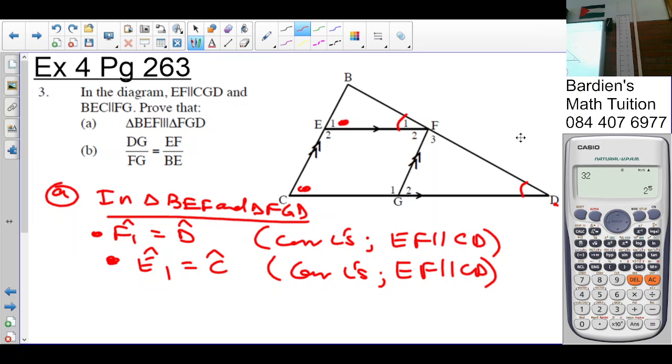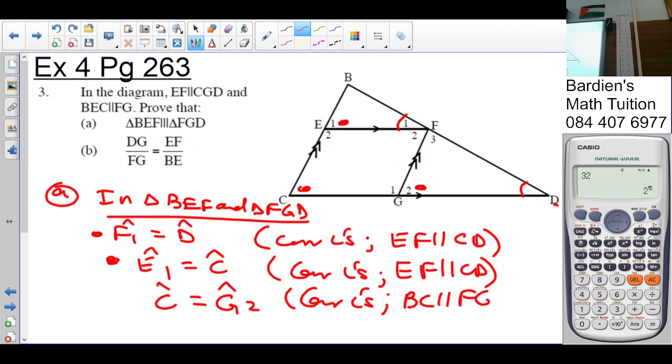So we're saying that angle C is equal to angle G2. Why? Again, corresponding angles are equal, with BC being parallel to FG. So in conclusion, therefore, E1 has to be equal to angle G.